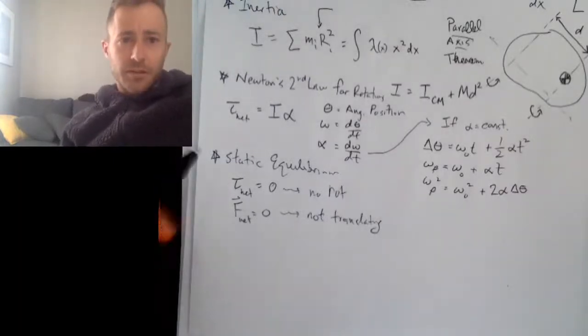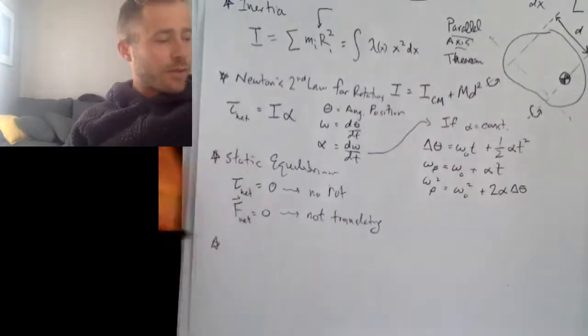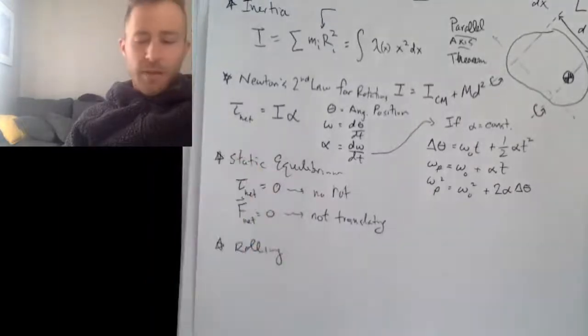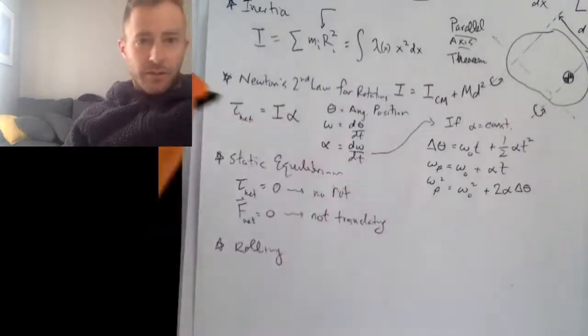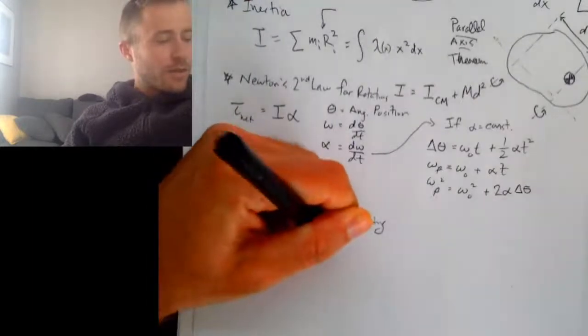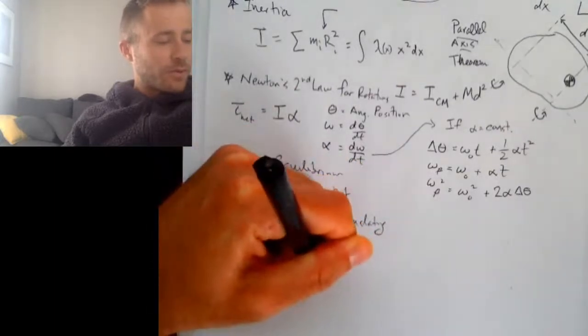Sometimes the object is not in static equilibrium, and so you have rolling happening. And if the object is rolling, then you have a system of equations where the right-hand side is not equal to 0. So you have net torque is I alpha, and you have net force is ma.